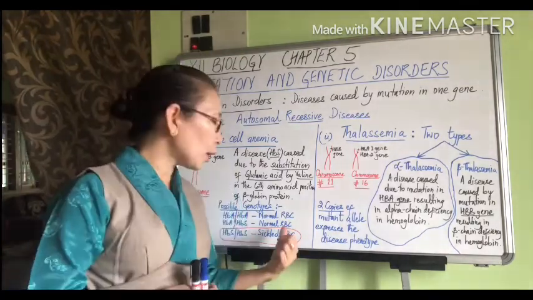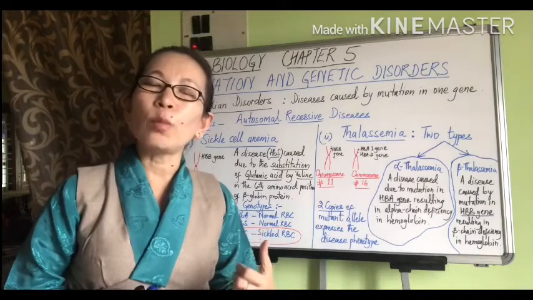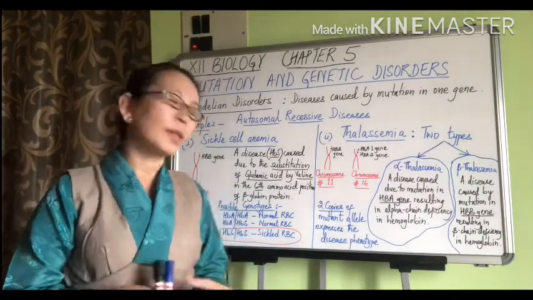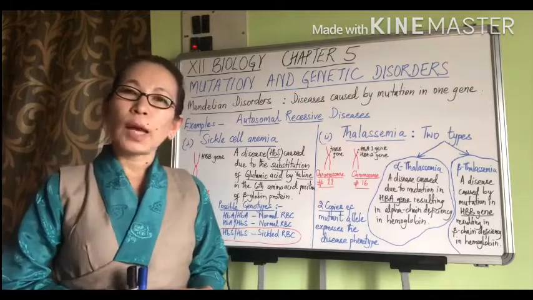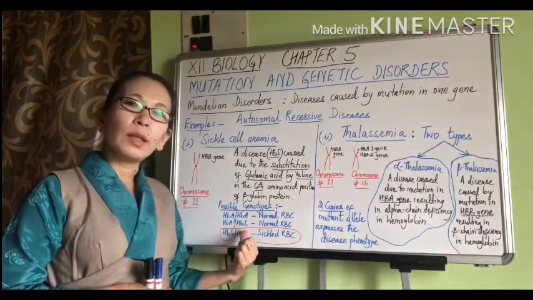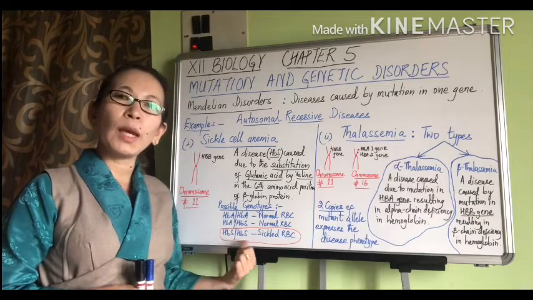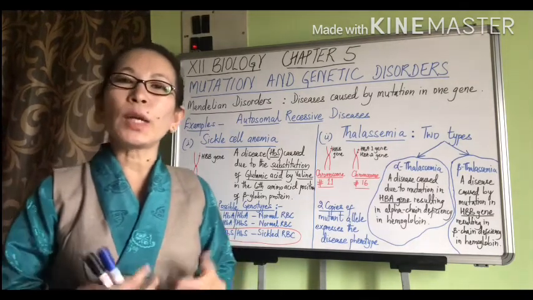That means they are still capable of producing normal shaped RBCs or hemoglobin. And this itself is an inference that the HbS allele is recessive to HbA. In the presence of HbA, HbS is unable to express itself.